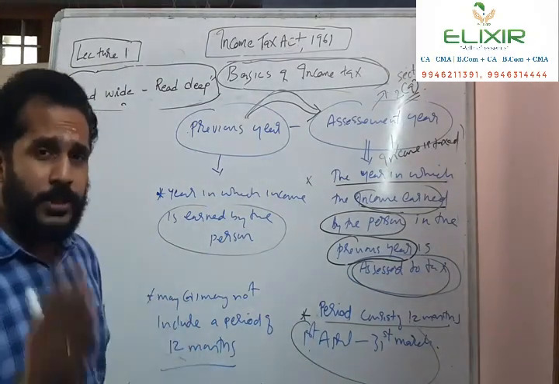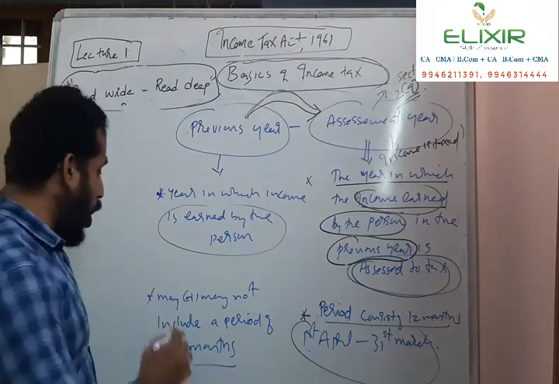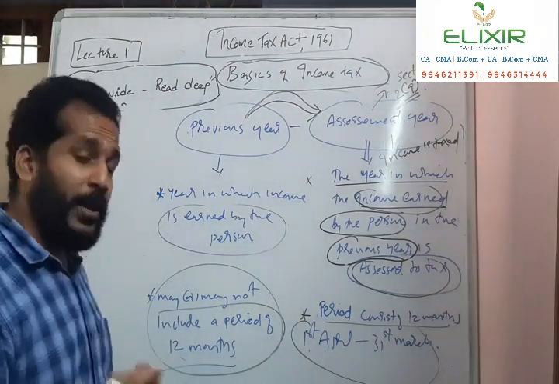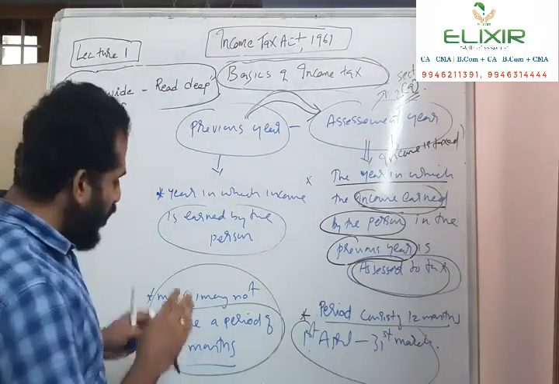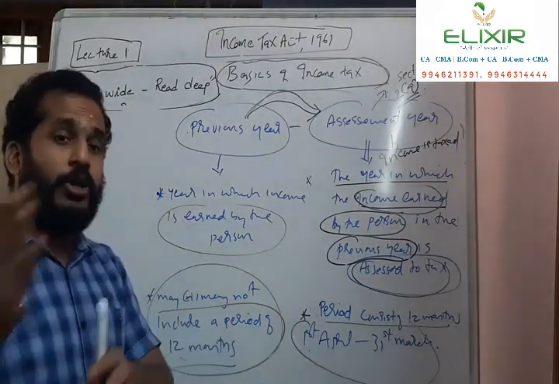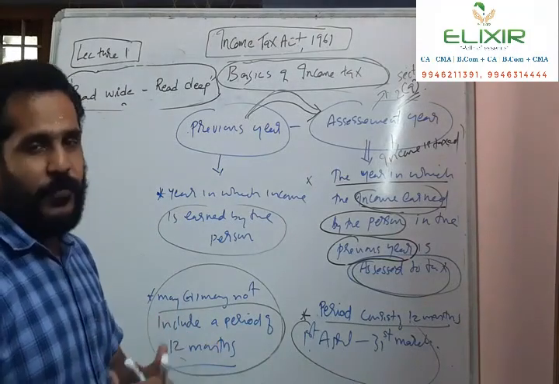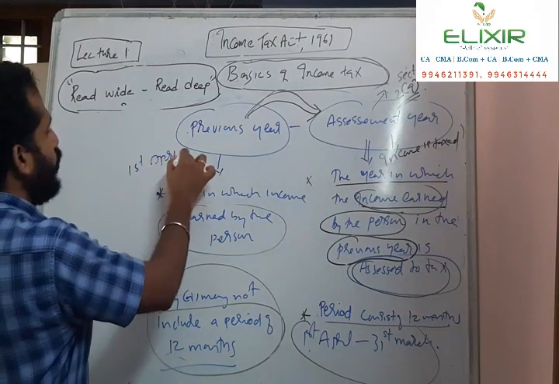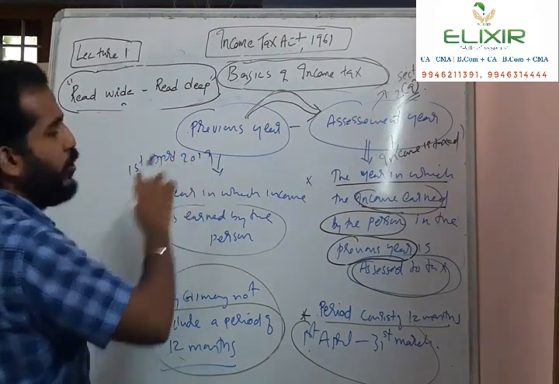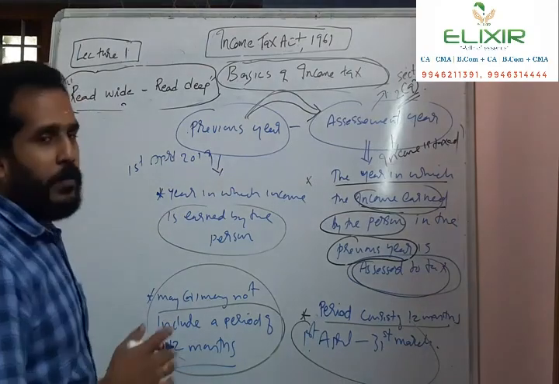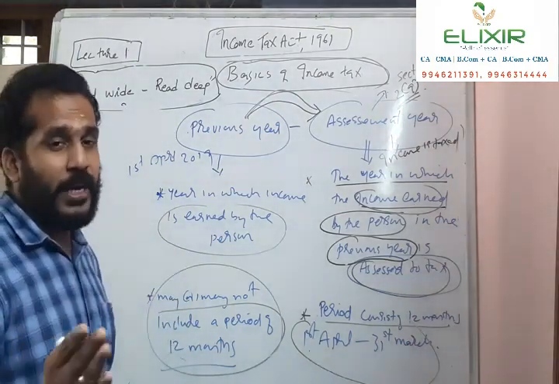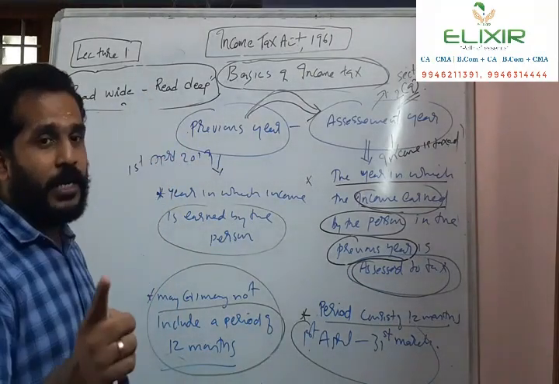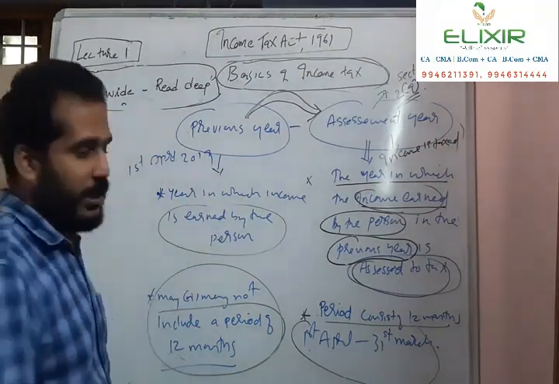And the most important point, it may or may not include a period of 12 months. Why is this expression used? For example, if I started a business on 1st April 2019, my financial year is 1st April to 31st March, and there will be a period of 12 months in this case.